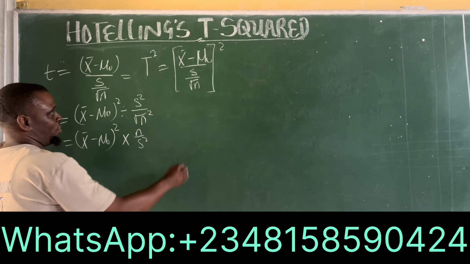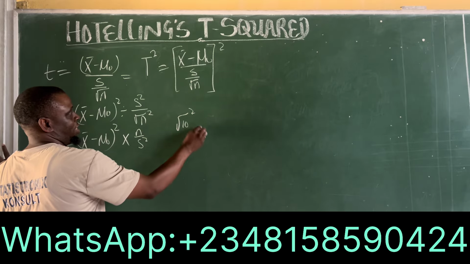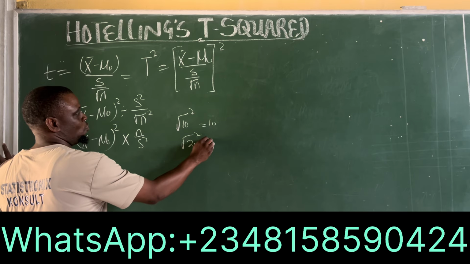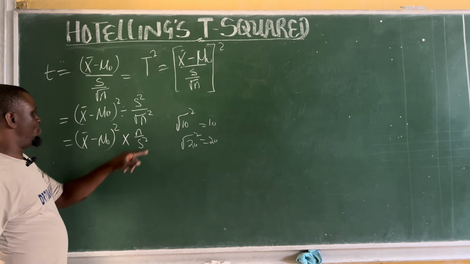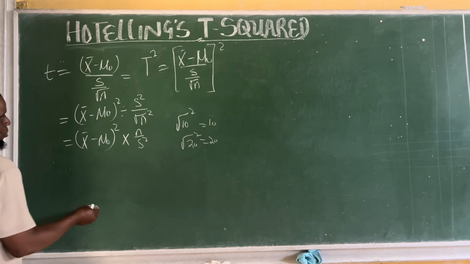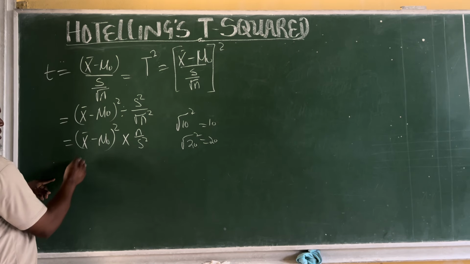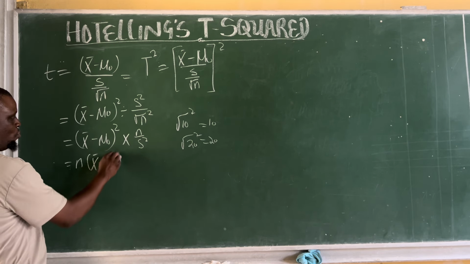Because if you have, say, root 10 squared, it will be equal to 10. If you have root 20 squared, it will be equal to 20. So the square of root N will be N. Now if that happens, then we will have N multiplying this, N into X bar minus mu naught all squared, times 1 over S squared, because we have already used the N to multiply this.